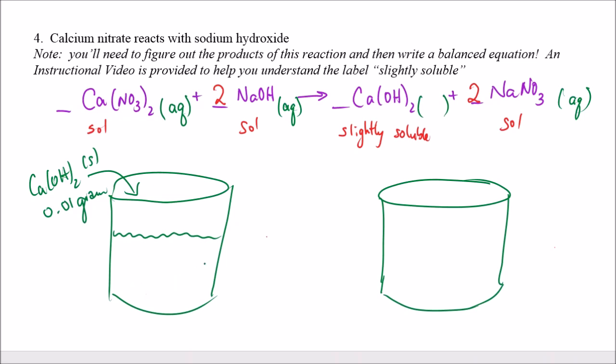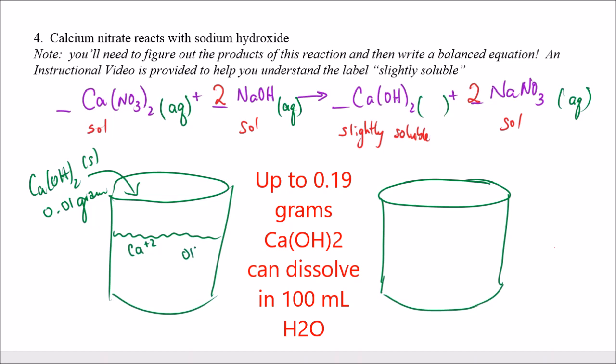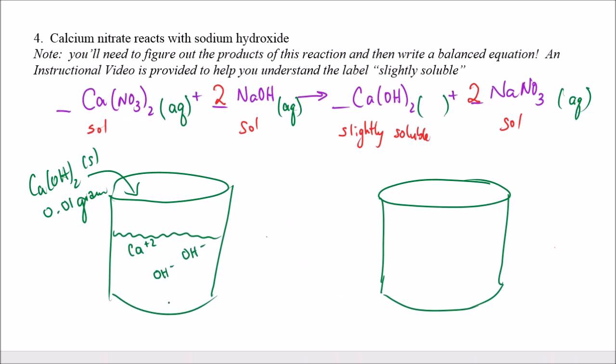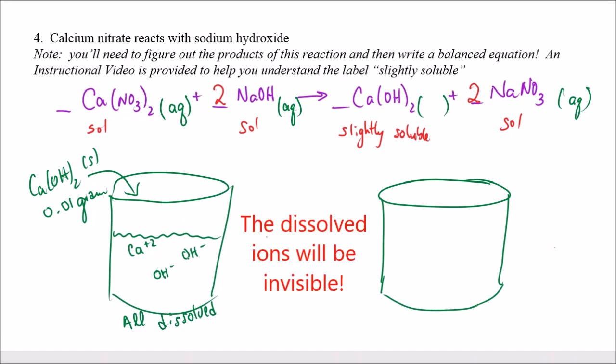And in such a situation, it's likely to all dissolve. Slightly soluble means a small amount can dissolve. And since we only put a small amount in, it's reasonable to assume that all dissolved. And you can see I've written here the ions, that when the salt is dissolved, the bond is dissolved, so the ions are not bonded, they're separated.